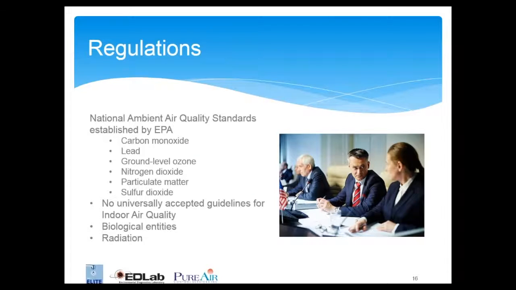They do not really have a very restrictive guideline for indoor air, but they have the National Ambient Air Quality Standard, which monitors carbon monoxide, lead, ground level ozone, nitrogen oxide, particulate matter, and sulfur dioxide. But you see that none of these have a threshold determined for the indoor environment.